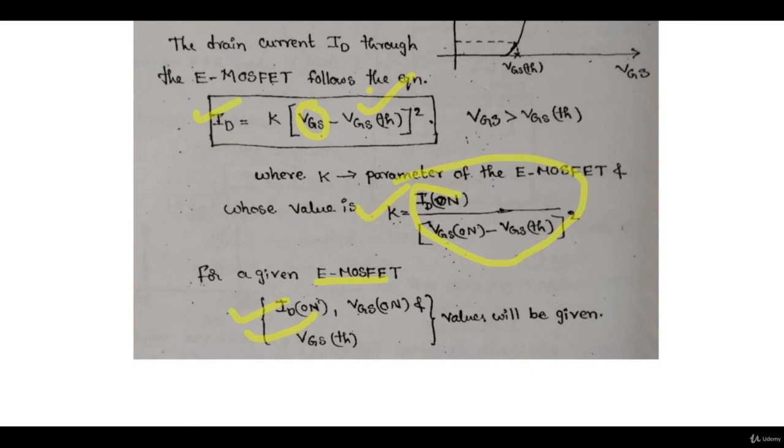So this was all about the characteristics of the N-type MOSFET, which tell you how it is working through the drain characteristics and transfer characteristics. I hope you got a clear picture of how it is working. This is the enhancement type N channel MOSFET, drain characteristics and transfer characteristics.